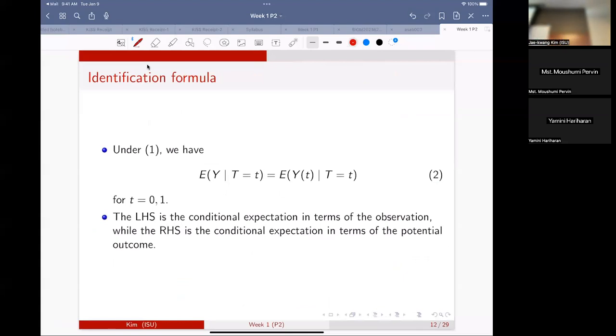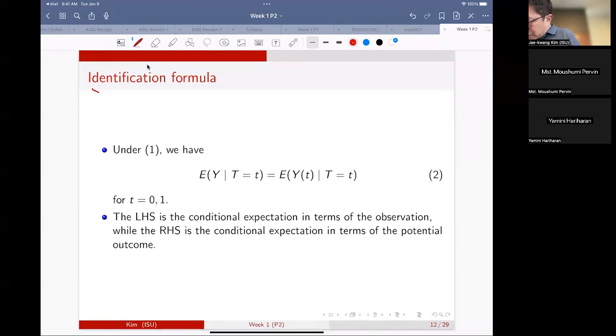So, identification formula. Identification means that we want to use observed data to estimate the parameter. Let me back up.